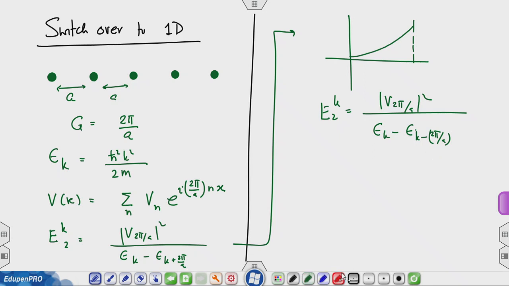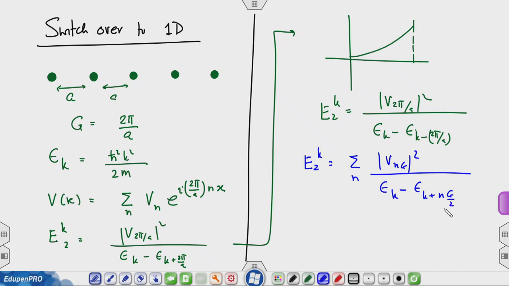So, let me remind you once more, the second order energy is given as summation n V n g mod square over epsilon k minus epsilon k plus n g by 2.